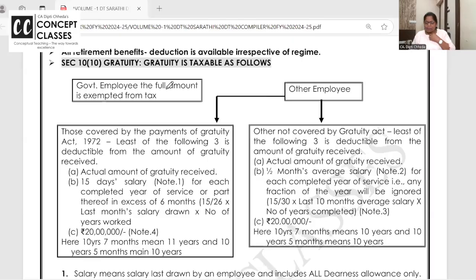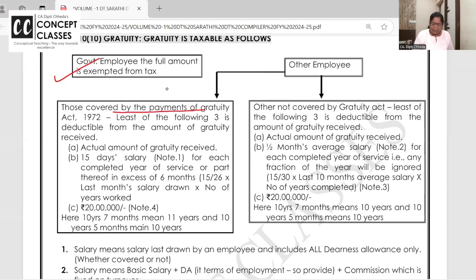Now check this. Government employee receiving the gratuity: fully exempt. If you are covered under the Payment of Gratuity Act, then least of the three is exempt. If you are not covered, then least of three is exempt. In that, first and third bit is same: actual amount of gratuity received, 20 lakhs, 20 lakhs.